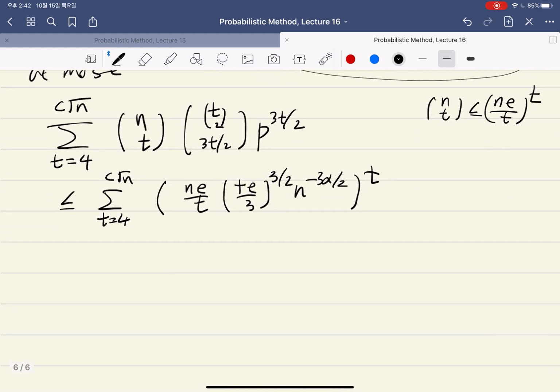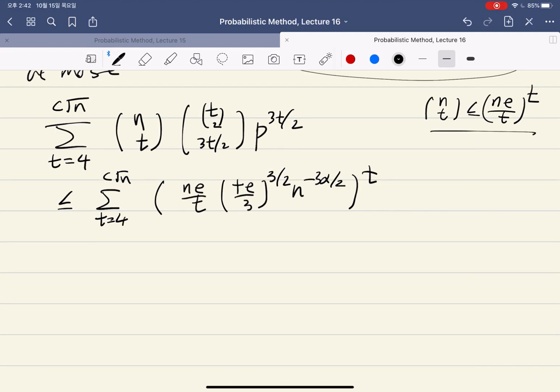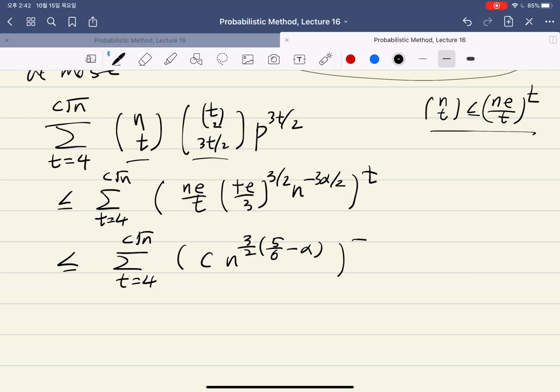So you use that, and you use this inequality for those 2 binomial coefficients. Then you do some computation, and you can actually get this. But alpha is bigger than 5 over 6, so this is strictly negative.